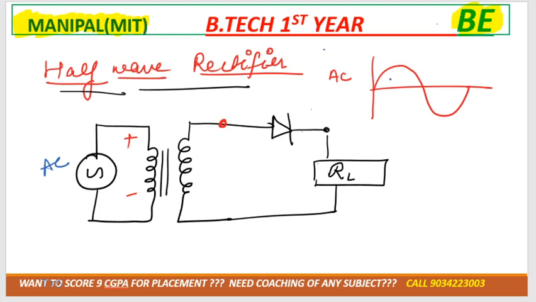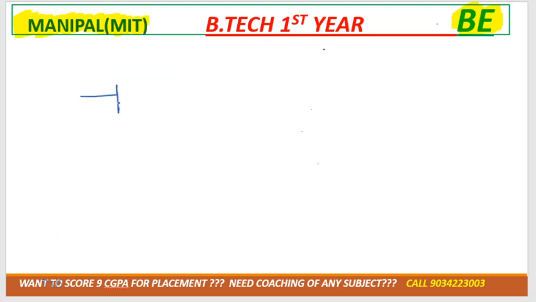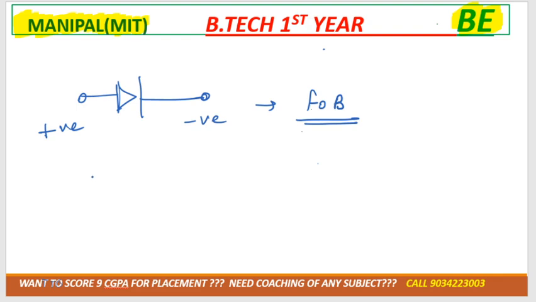So the first cycle is the positive cycle. Here we provide positive, this one would be positive, negative. So that means the anode is connected with the positive terminal and this one is the cathode, and the cathode is connected with the negative terminal, right? As you already studied about the diode, if the anode is connected with the positive terminal and the cathode is connected with the negative terminal, then the diode will work as forward bias, and vice versa, that will be reverse bias.